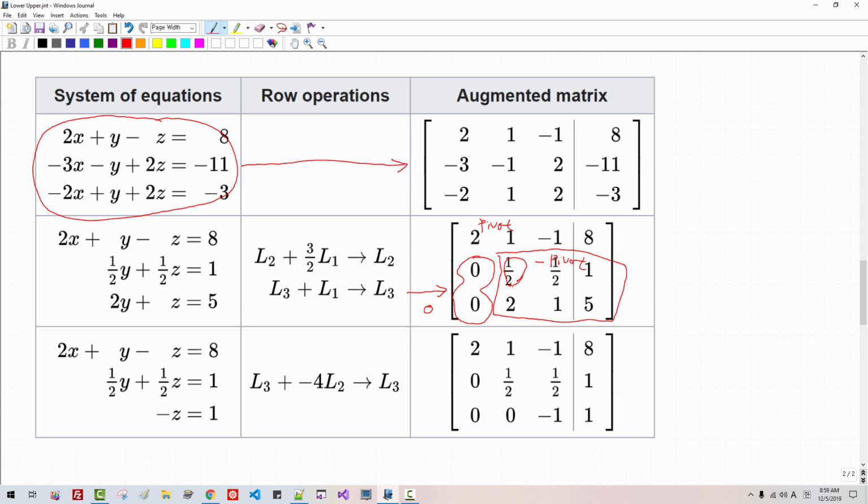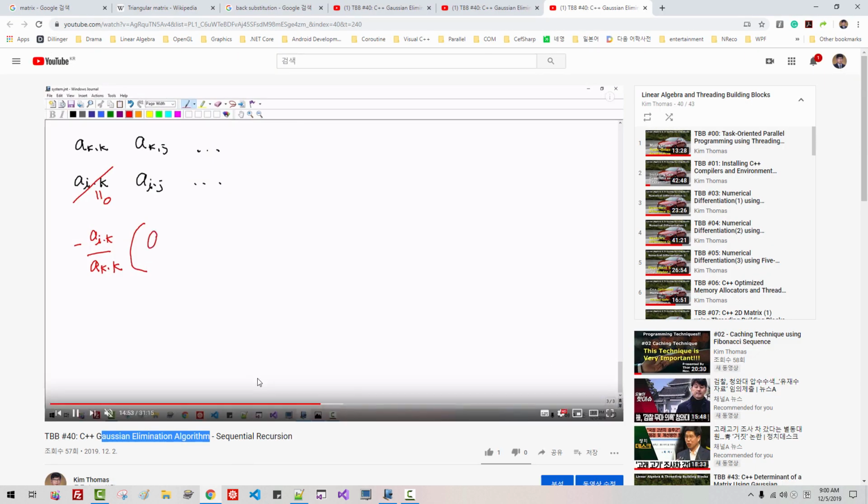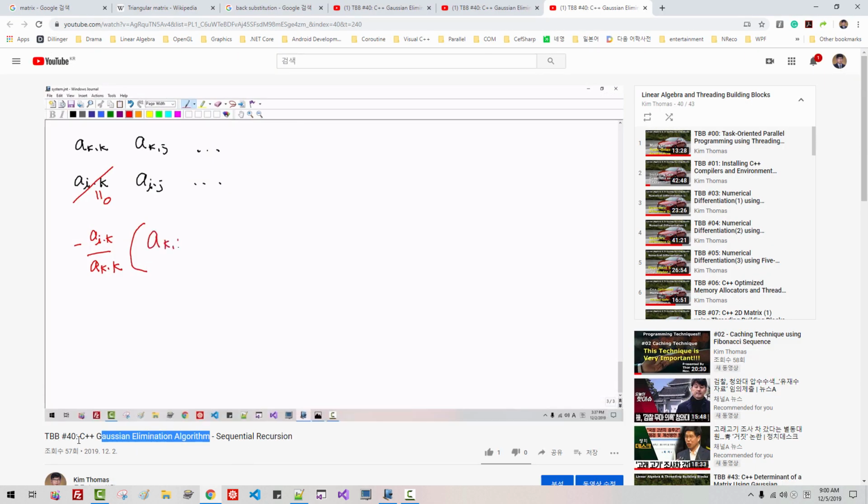Using this pivot, we cancelled out the first element of each row other than the pivot row. We formed this matrix. So finally, we obtained an upper triangular matrix. So we formed this upper triangular matrix using Gaussian elimination in our episode 40.